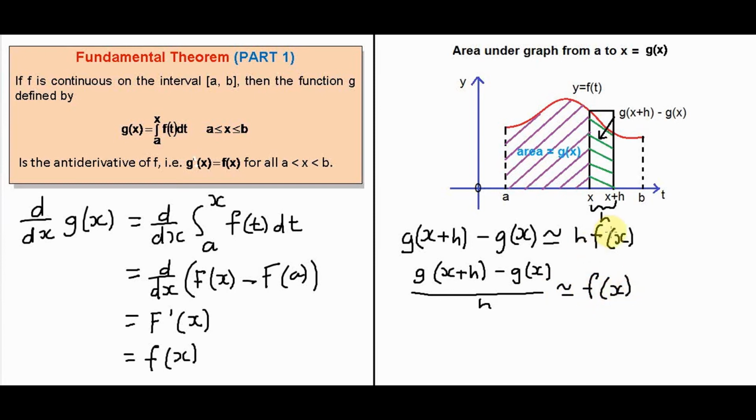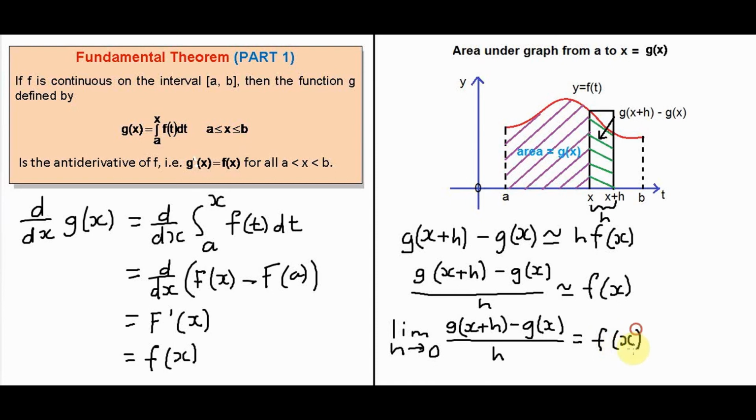So intuitively we know that if we let h approach 0 and take the limit, in other words the limit as h approaches 0 of g of x plus h minus g of x all over h, then this will equal f of x.